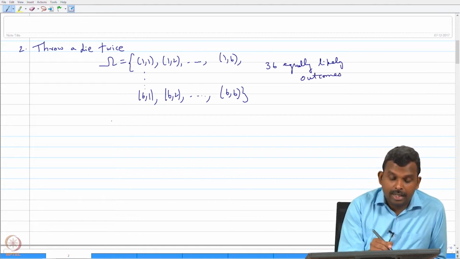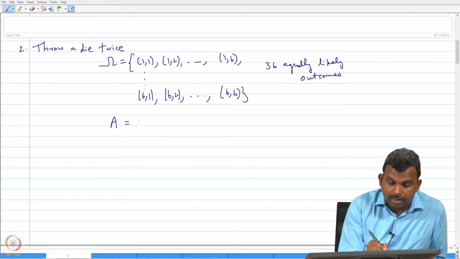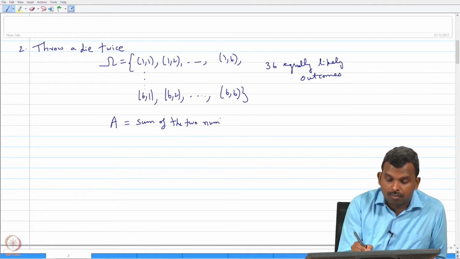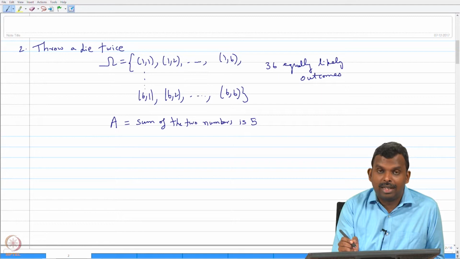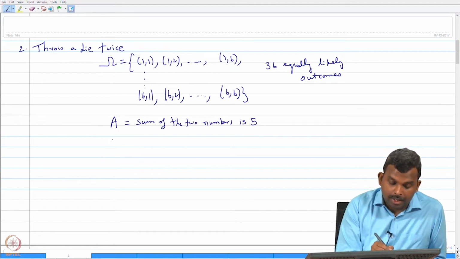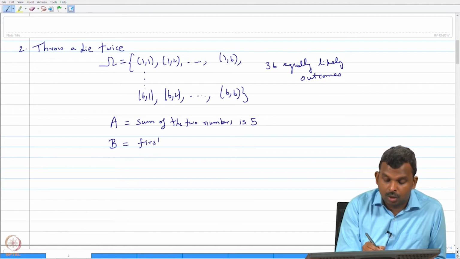I am going to define an event A, which is that the sum of the two numbers that showed up when you threw the die is, let us say, 5. That is the event A, and the event B is that the first toss is 2.